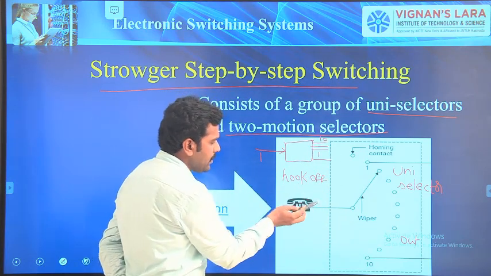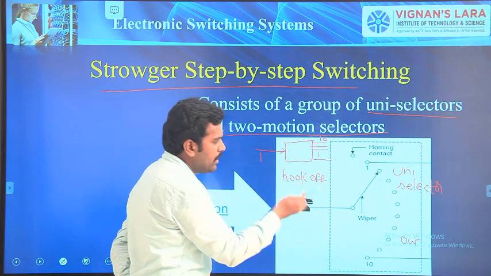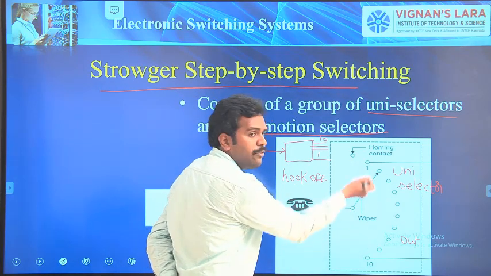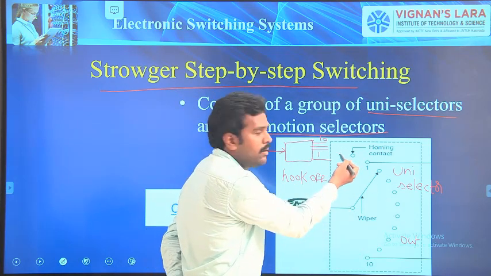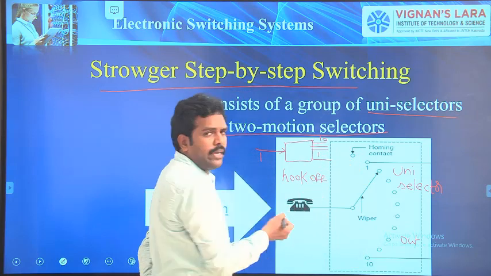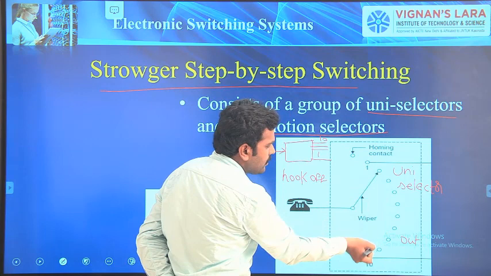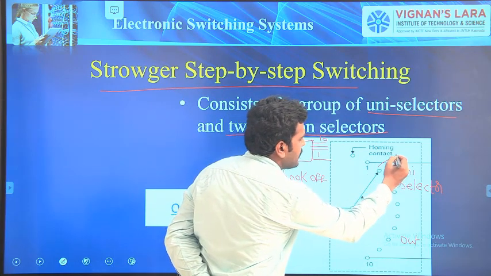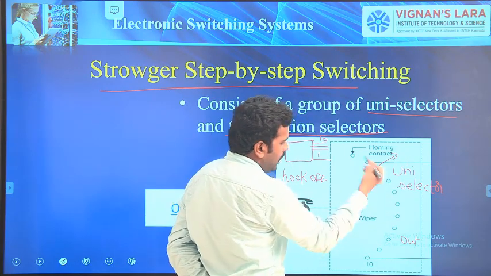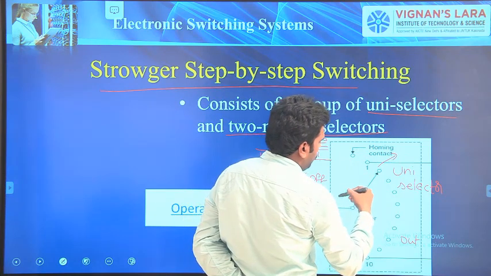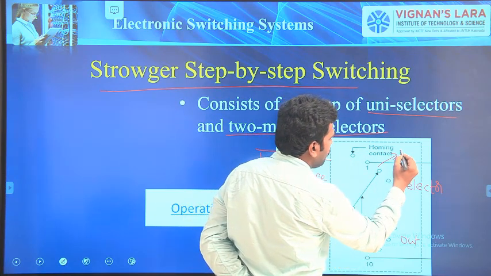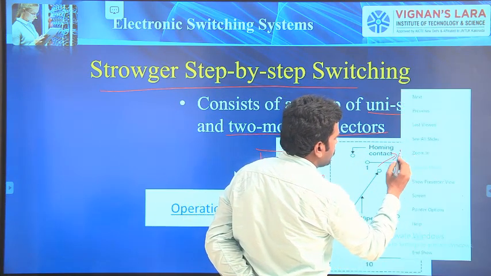Whenever the subscriber hooks off his telephone set, this wiper is going to hunt for a free outlet, because these outlets may be used by some other persons. Whenever it identifies one free outlet, for example, out of these 10 outlets, this wiper found that this has a free outlet.